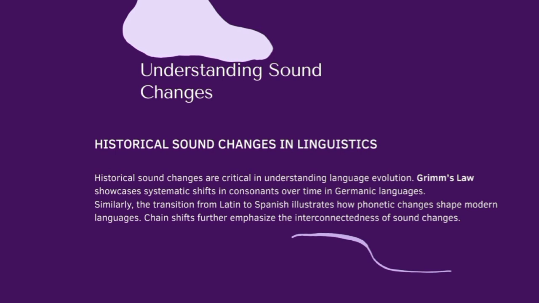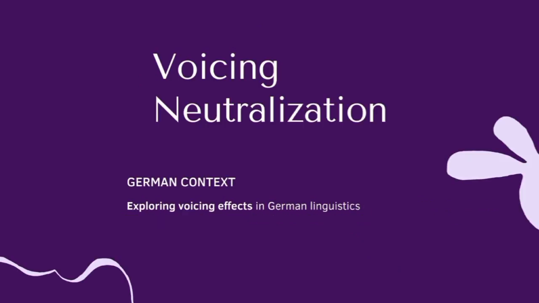By studying these changes, we can understand the rules behind pronunciation and how languages develop patterns. This is especially helpful for both linguists, who study language scientifically, and for learners, who need to know why words don't always sound as they are spelled.